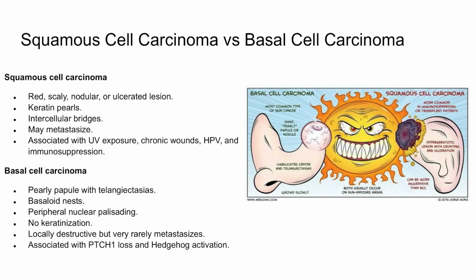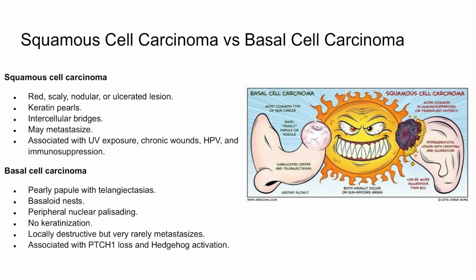All right, so to separate squamous cell carcinoma and basal cell carcinoma, look for keratinization. Squamous cell carcinoma commonly presents as a red, scaly, hyperkeratotic, or ulcerated lesion. Histology shows invasive squamous cells with intracellular bridges and keratin pearls, and some tumors can metastasize. Basal cell carcinoma is classically a pearly papule with telangiectasias.